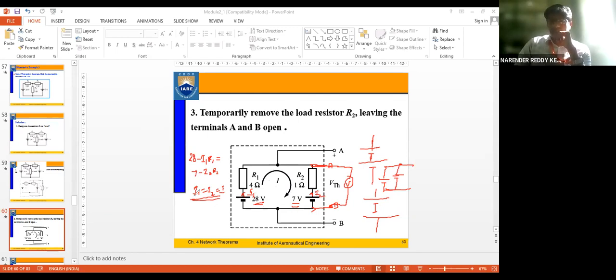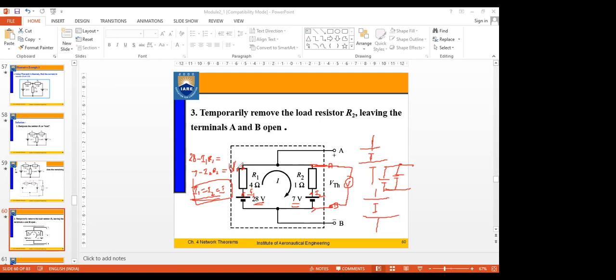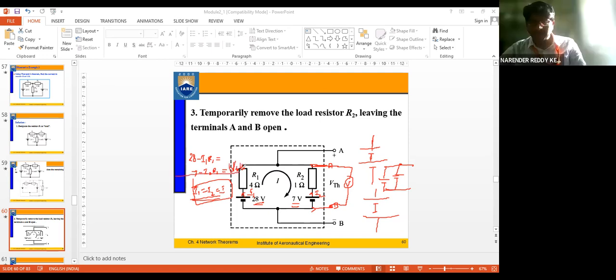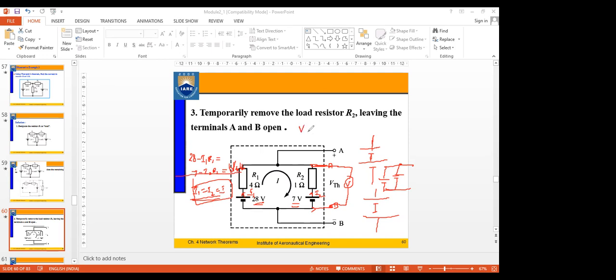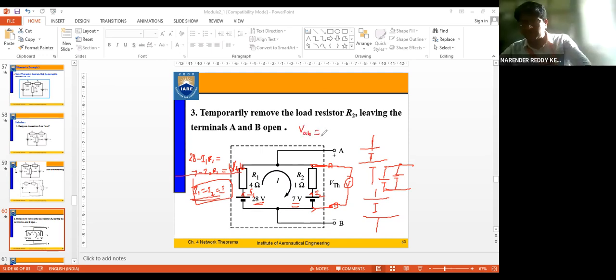So now with this assumption, what value of voltage drop can we get here? It should be equal to VAB, right? Any of these should be equal to VAB. Since I can equate them, whatever value I get here should be equal to VAB. So find the value of VAB. Don't equate them; either take that value or this value.